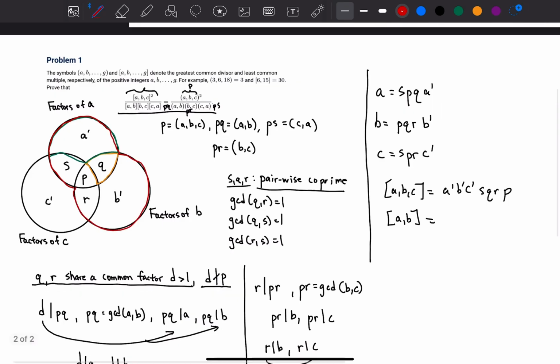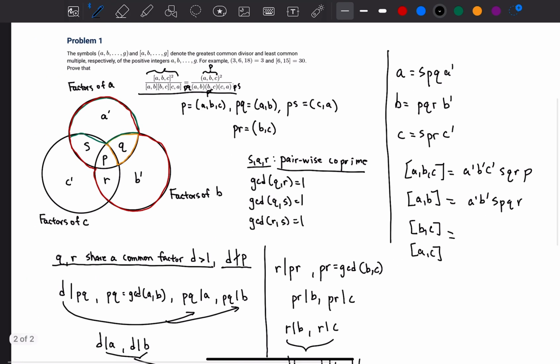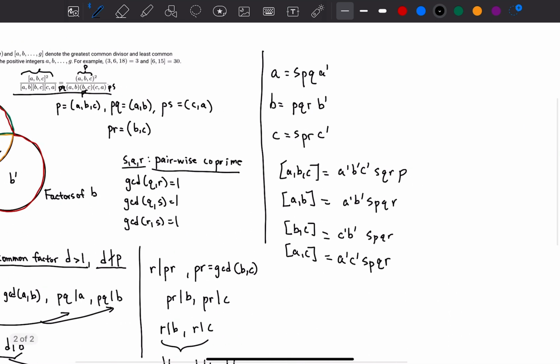And that has A prime, B prime, S, P, Q, and R. So we write that A prime, B prime, S, P, Q, and R. And the same process goes for the other 2 pairs. Then we get the LCM of B and C equals C prime, B prime, S, P, Q, and R, and the LCM of A and C equals A prime, C prime, S, P, Q, and R.